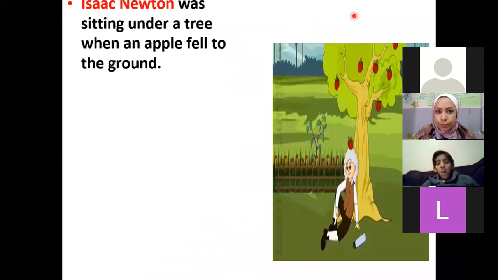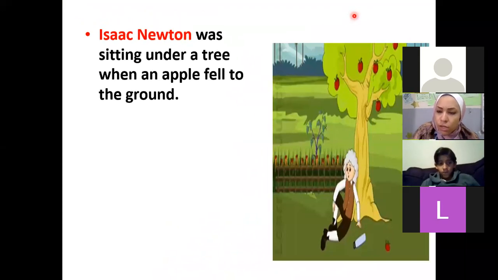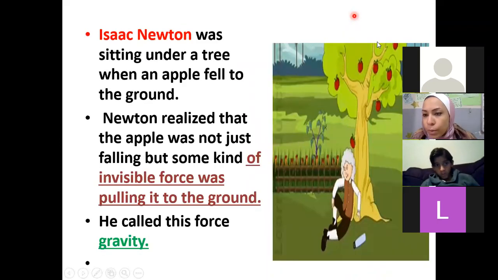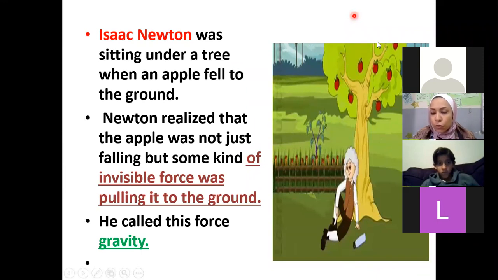Now, how was gravity discovered? It was discovered by a scientist called Isaac Newton. And I think you've heard his story several times before. So Isaac Newton was just strolling in a park, and he sat under an apple tree. And while he was sitting under the apple tree, an apple fell on his head.